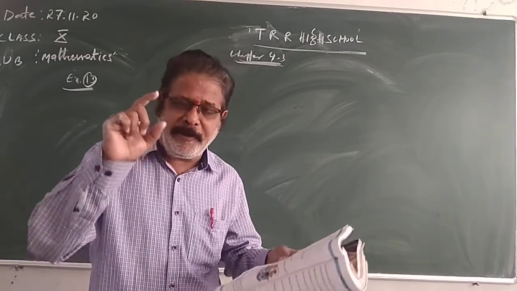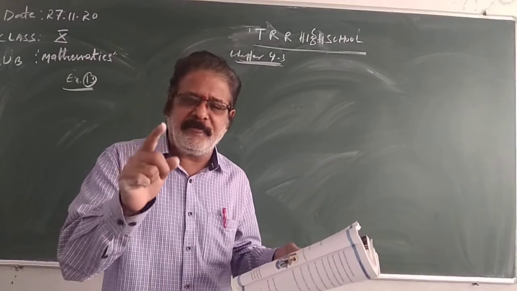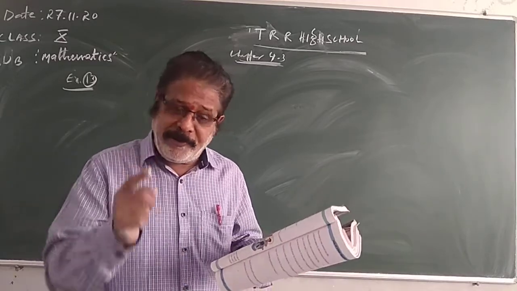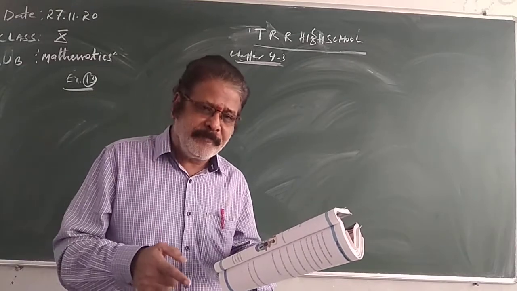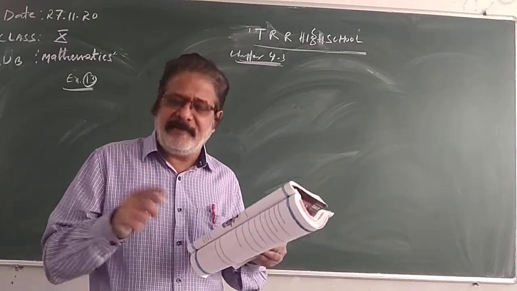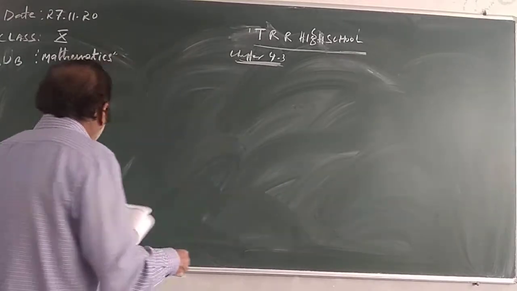Let the time taken by one man to finish the work be x days. In 1 day, it equals 1 by x. The time taken by one woman to finish the work is y days, in 1 day equal to 1 by y. Like that you assume.